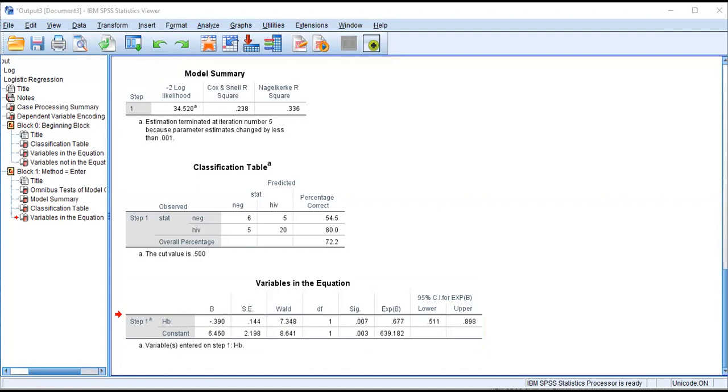So you have your 95% confidence interval for the odds ratio. Remember that if you are using the odds ratio for univariate statistics, we call it the crude odds ratio. But if you're reporting the odds ratio of a multivariate statistic, it's called the adjusted odds ratio.